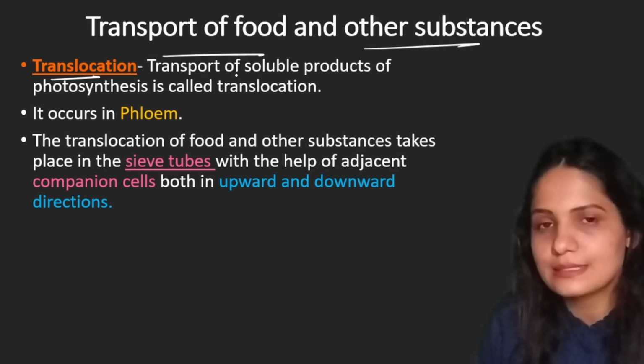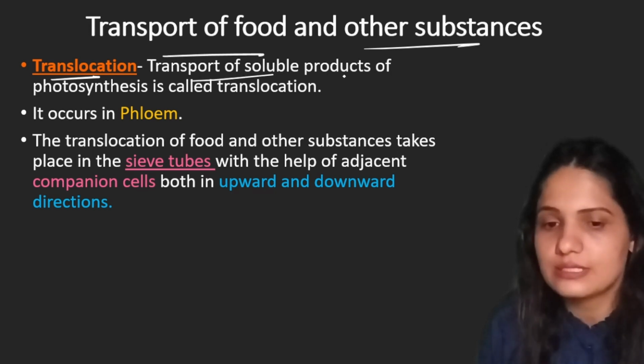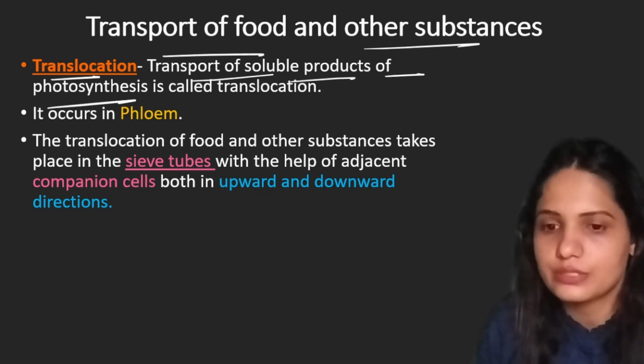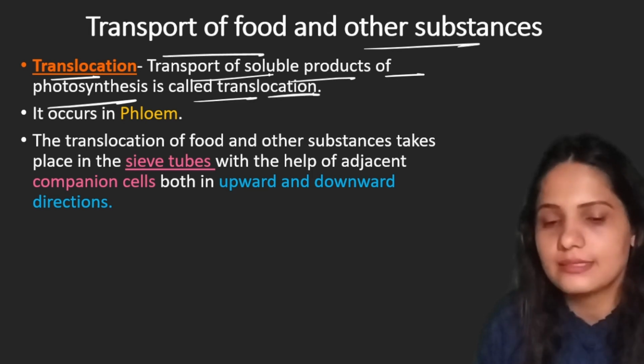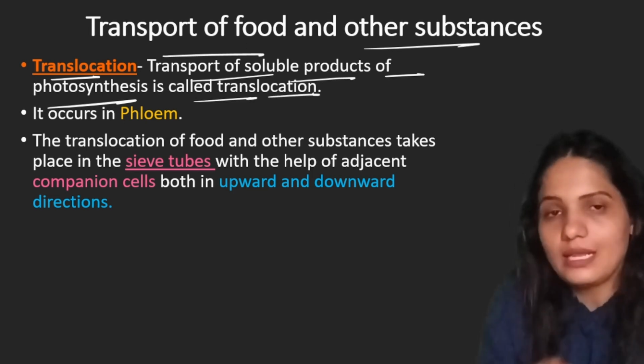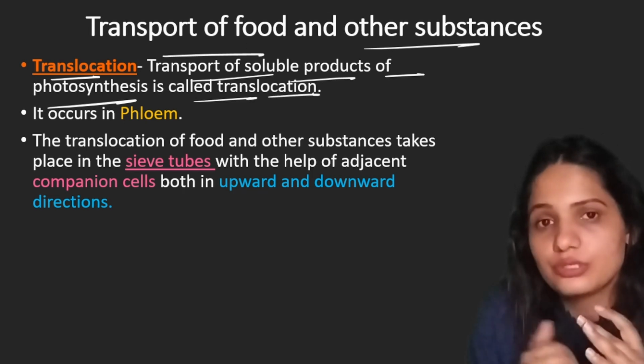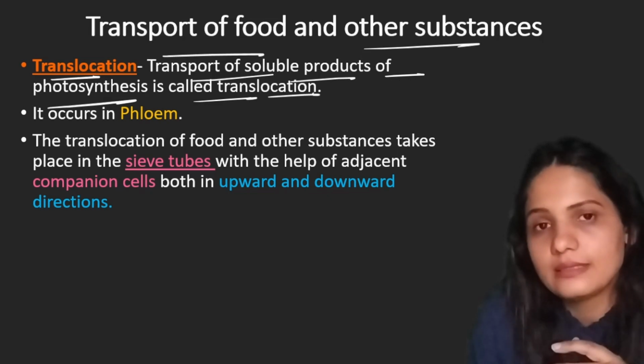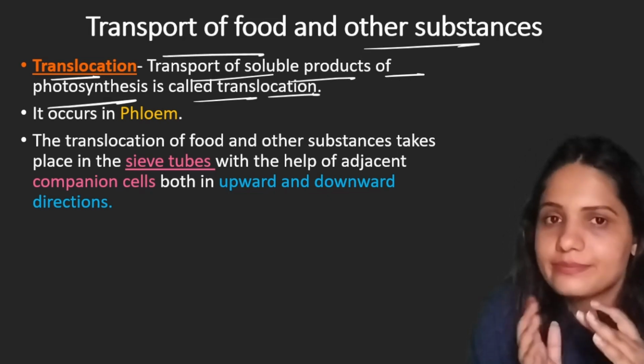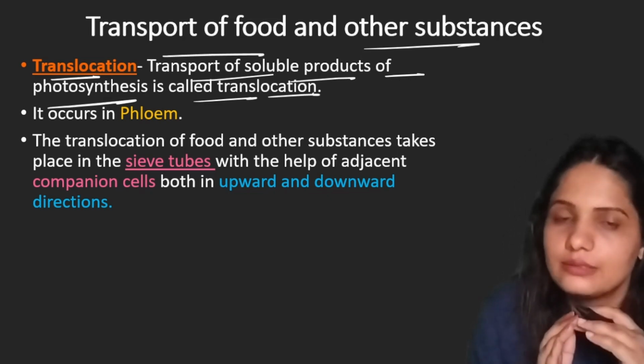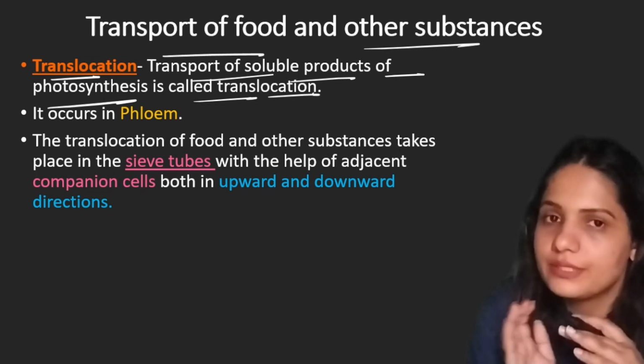Now, in translocation, transport of soluble products of photosynthesis occurs, and this process is called translocation. What happens? The food is made and stored in leaves. Then, as per requirement, this food is taken from the leaves to different parts of the plant.